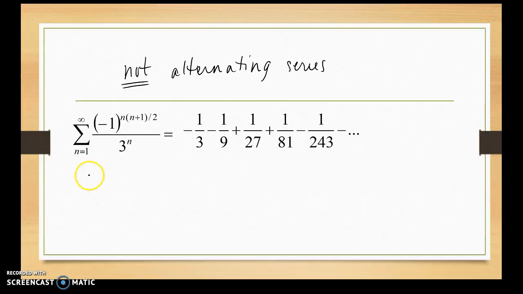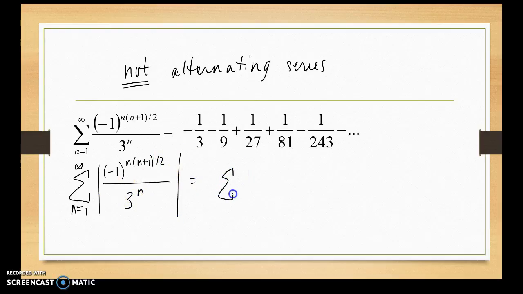Okay, so if I look at the absolute value of this non-alternating series, although the series has positive and negative terms, this just becomes 1 over 3 to the n. We'll look at this series now that we take away the negative terms of it.